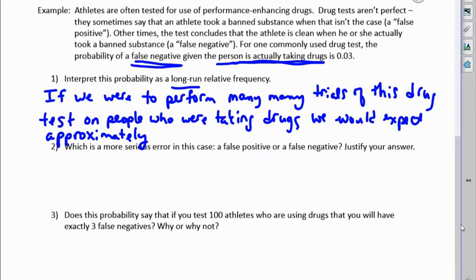We would expect approximately 0.03 or 3% would result in false negatives.